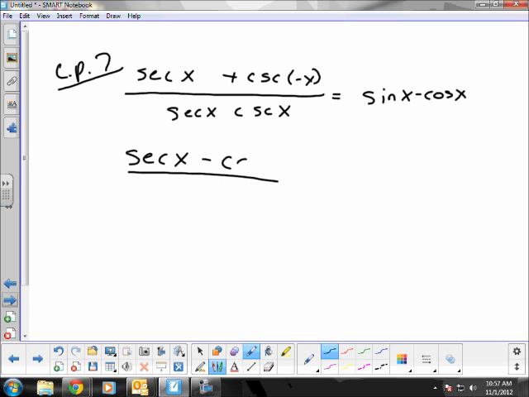Minus the cosecant of x, because it's what kind of function? It's an odd function. Okay? So good? Now what do I want to do?